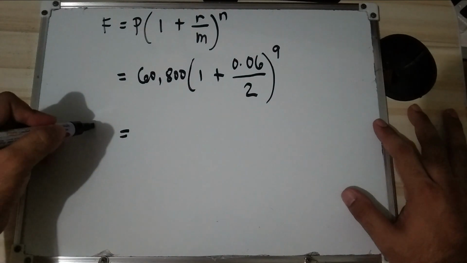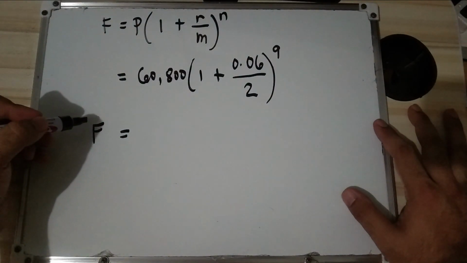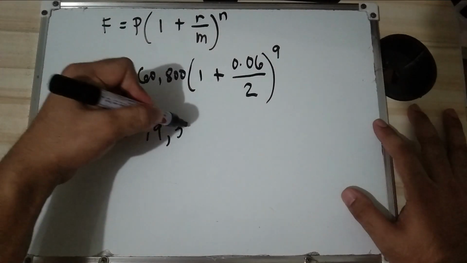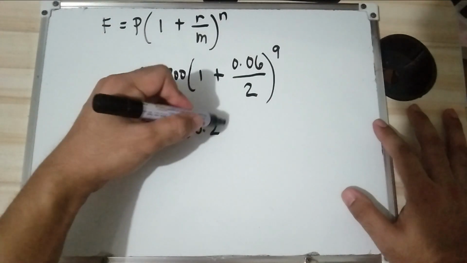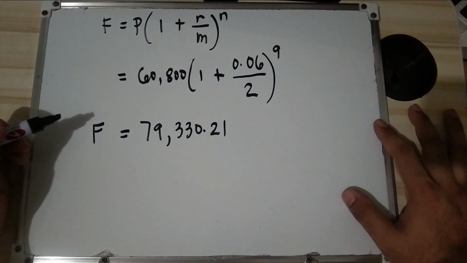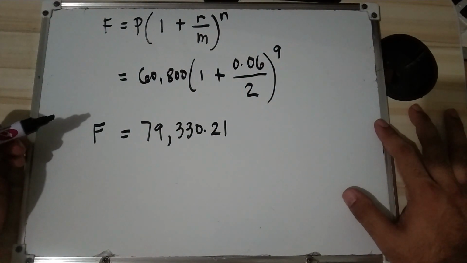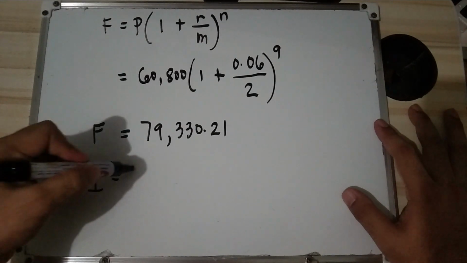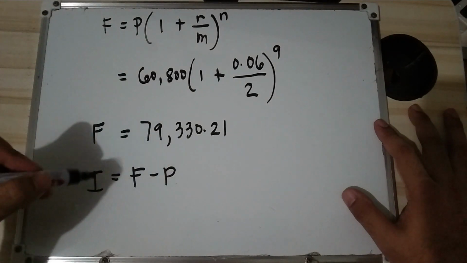So, calculator, F is equal to 79,330.21.